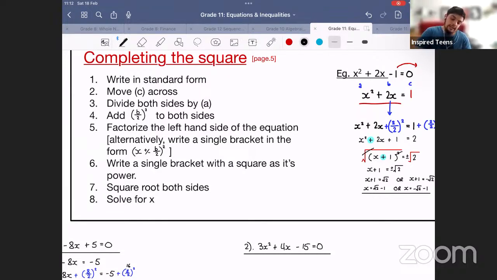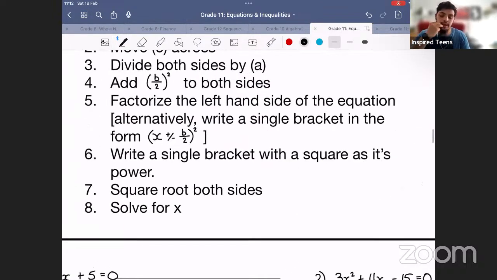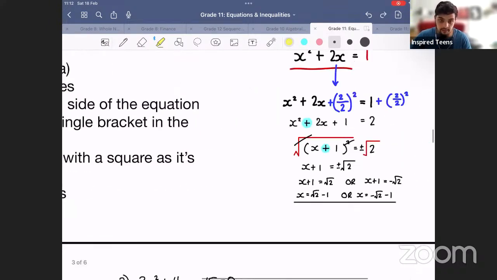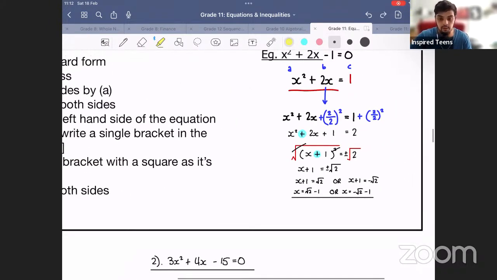So for number 5, we can either factorize the left-hand side, or alternatively, we follow this shortcut. X, it's either plus or minus, depending on the question. X plus or minus b over 2, and then we square that bracket.